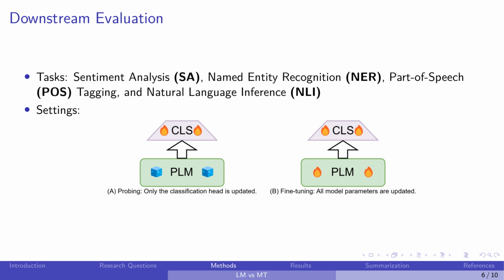This method primarily tests the raw capability of the pre-trained models' embeddings to adapt to specific tasks with minimal parameter changes. Conversely, in the fine-tuning experiments, all parameters of the models are adjusted. This approach allows the entire model to adapt to a specific task, potentially leading to higher performance.